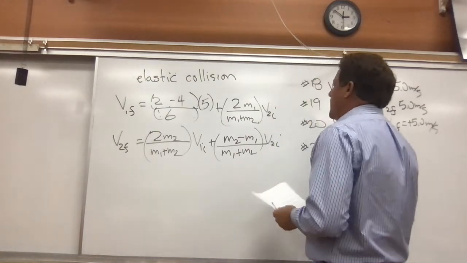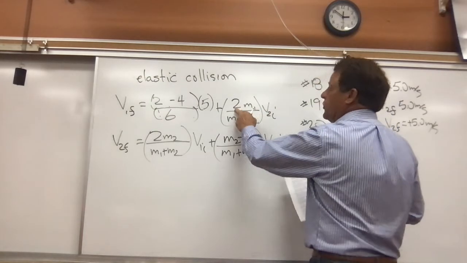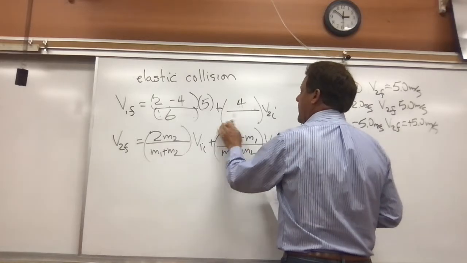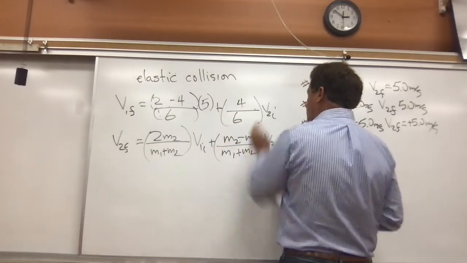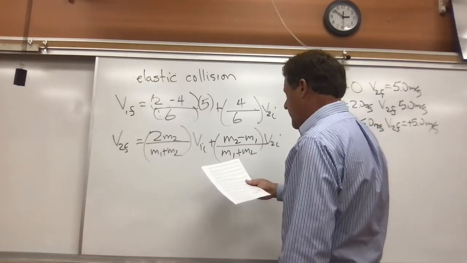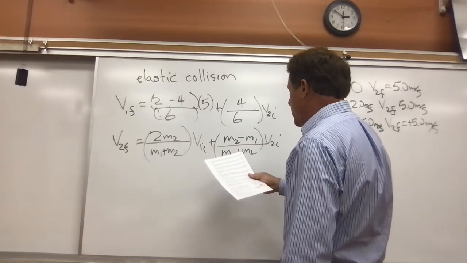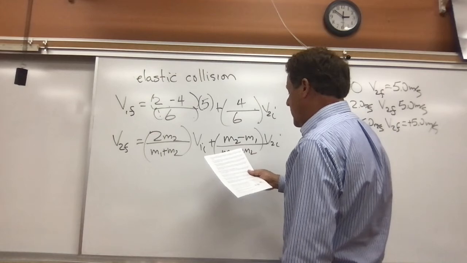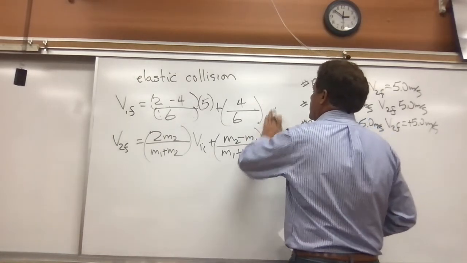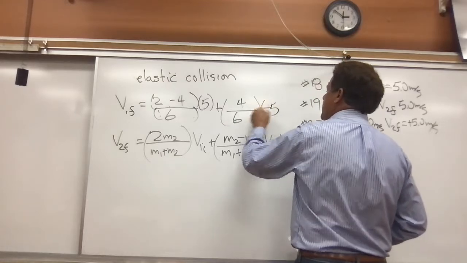And then our 2 times 2 is going to be 4 divided by 4. 2 plus 4 is 6. And our initial velocity of our second ball is going to be 5 meters per second to the left, which is going to be -5.